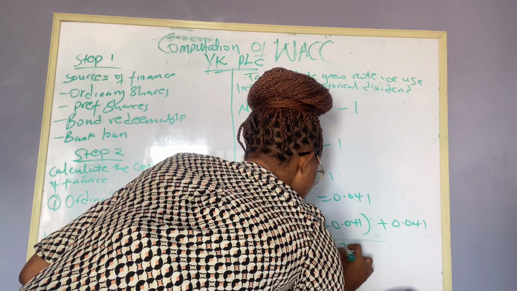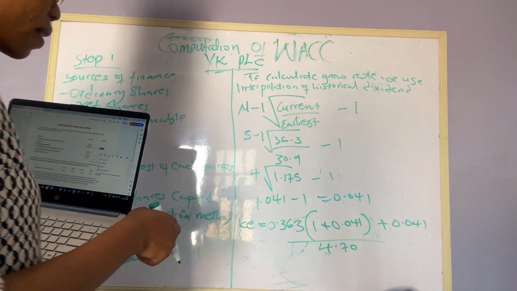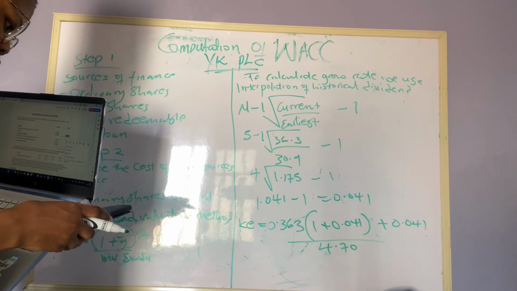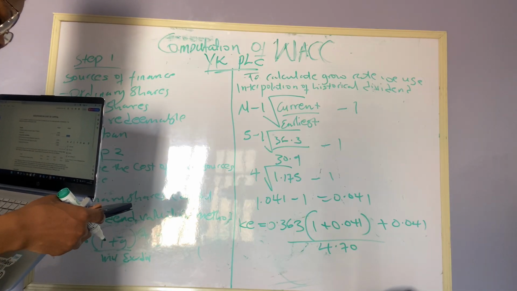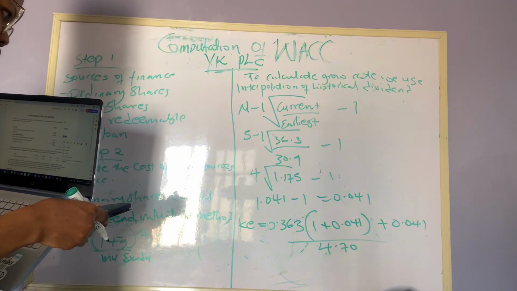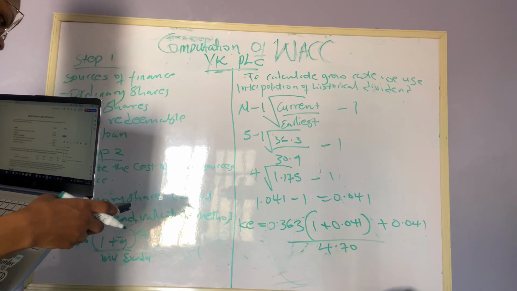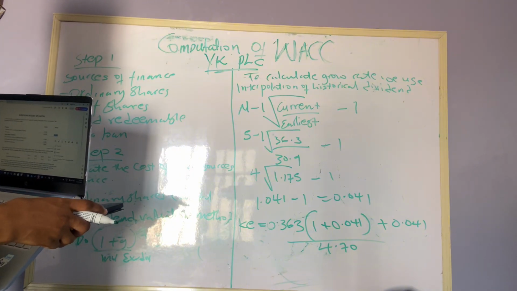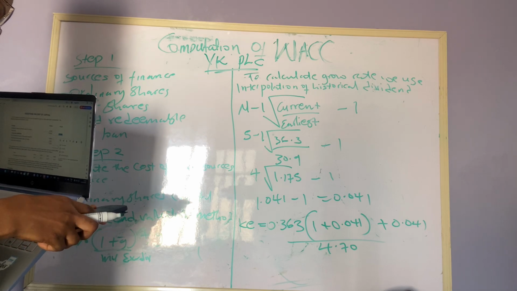So now our KE is going to be 1 plus 0.041, times 0.363 divided by 4.70, then plus 0.041, then times 100.